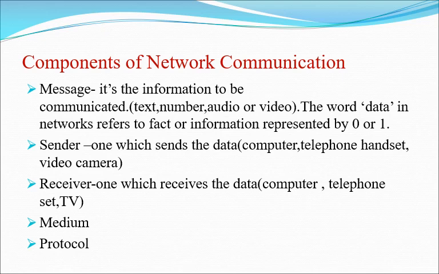The sender might be a computer terminal, telephone handset, or video camera. Receiver is one who receives the data. And medium is one which connects the sender with the receiver. It might be a wireless medium or a wired medium. The last one is protocol. As I already told you, protocol is a set of rules that guides the data communication.